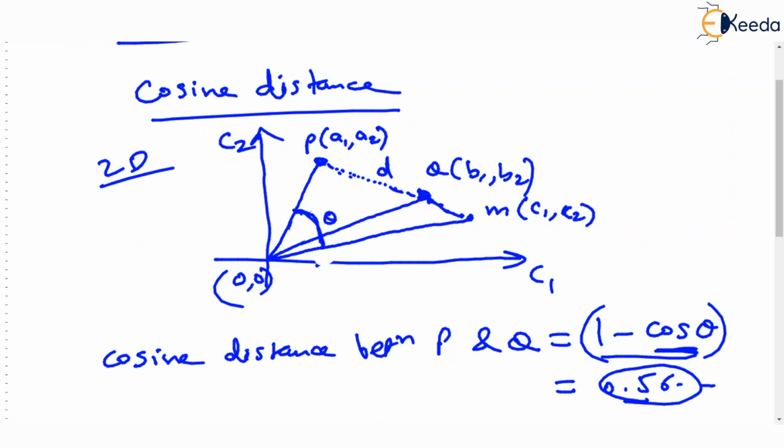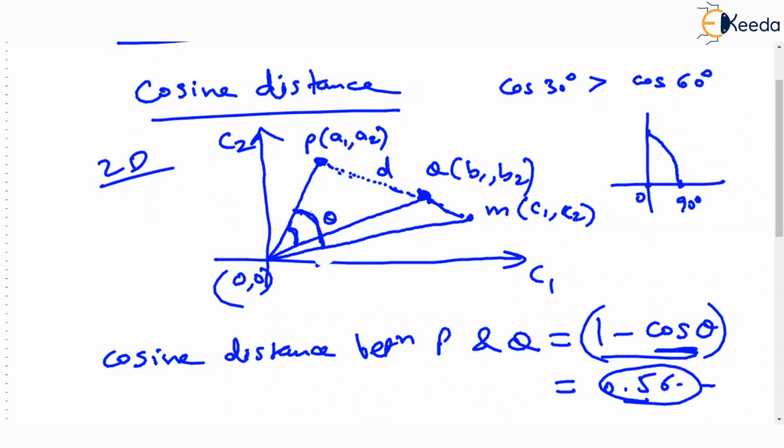Imagine this theta is 60 degrees and the theta between P and Q is 30 degrees. By the way, cos of 30 degrees is greater than cos of 60 degrees. You recall cos 0 is 1, and here we have pi by 2, that is 90 degrees, where it drops to 0.